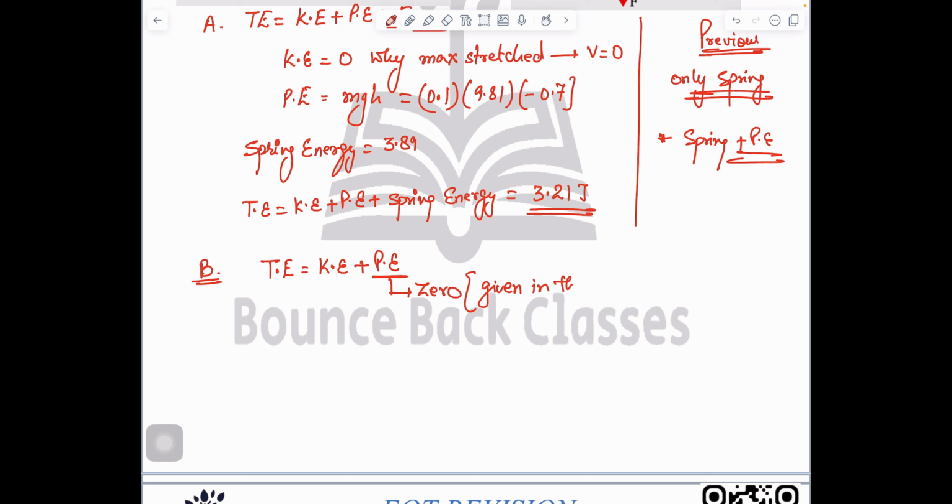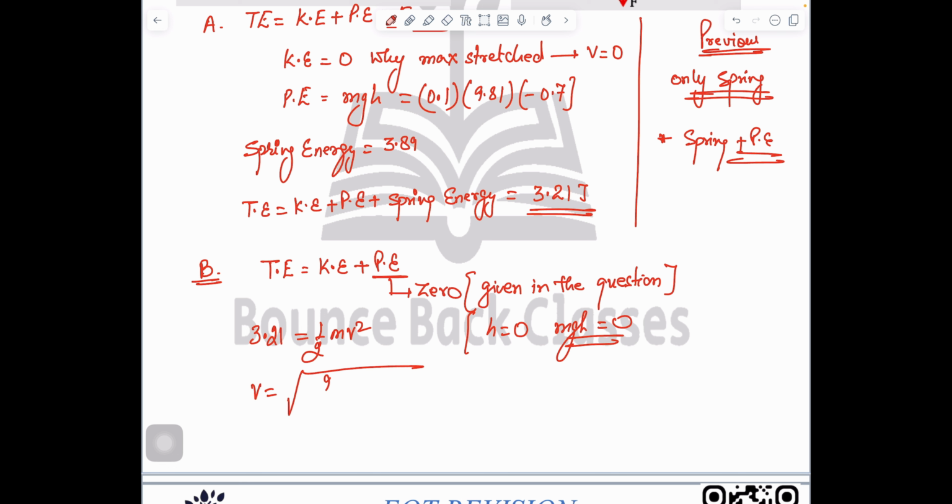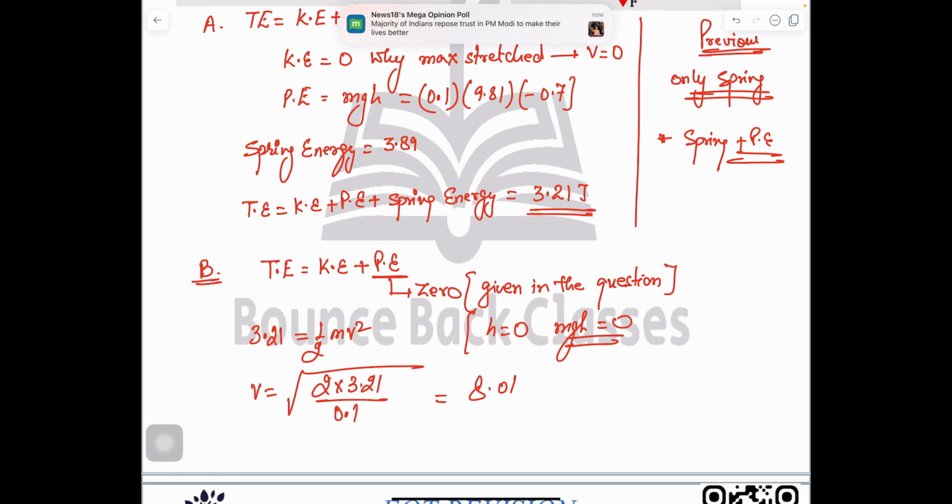Even if it is not given, height is also 0, so mgh is also equal to 0. So total energy 3.21 is equal to half mv square. So v is equal to root of 2 multiply 3.21 divided by mass, which is 0.1. So the value is 8.01 meter per second.